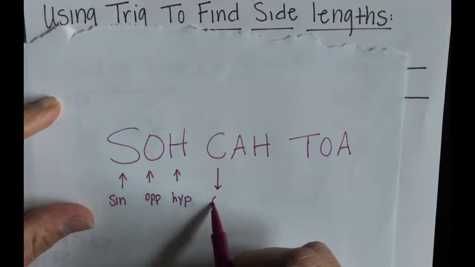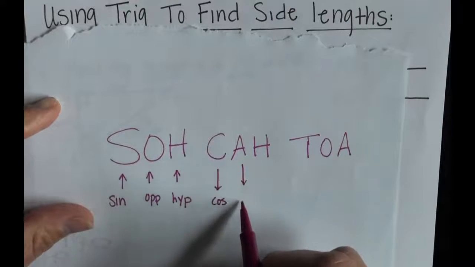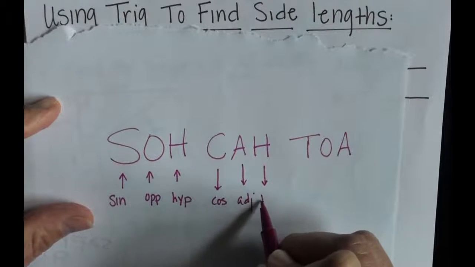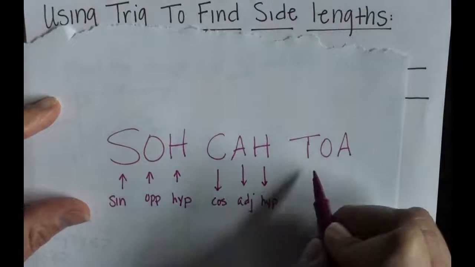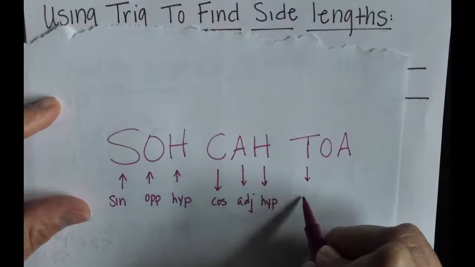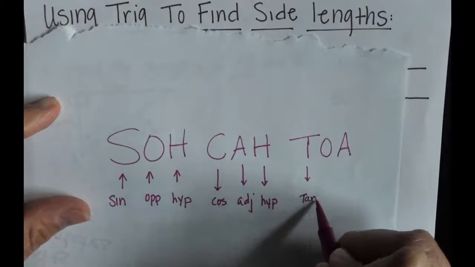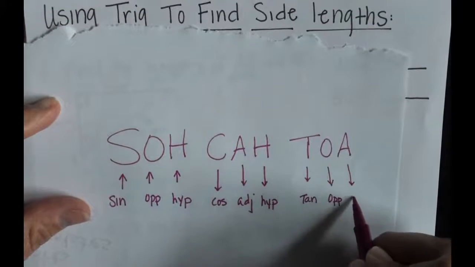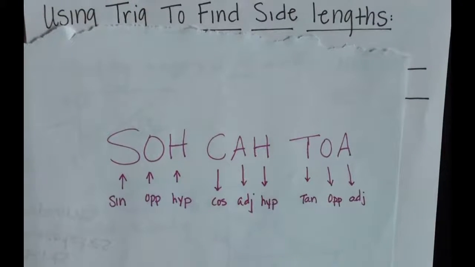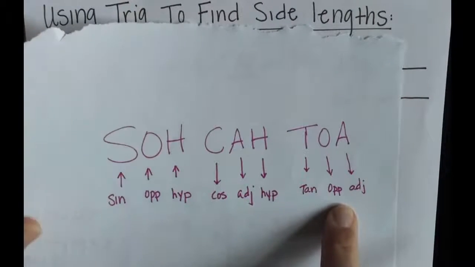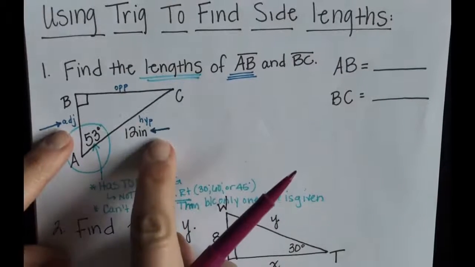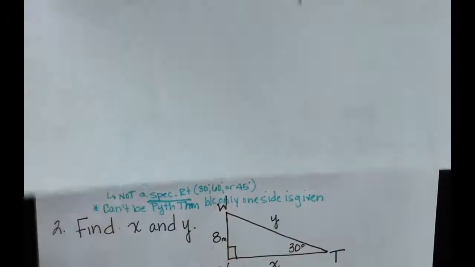You've got cosine, adjacent, and hypotenuse. And then this one is, anybody else bothered by the fact that I put my arrows in different directions? Yep, I totally am. Tangent, opposite, and adjacent. So I can use this as my cheat sheet. I'm going to put it off to the side.